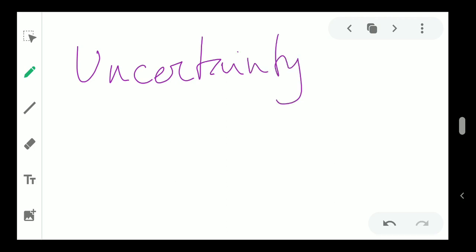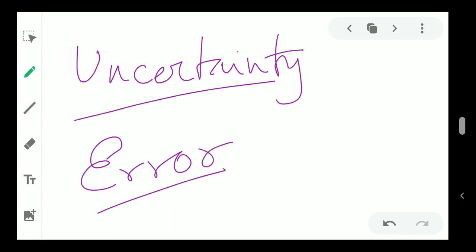Measurement of time you can see, and it's quite easy. The next thing is uncertainty and errors. This I will explain in the next class, and I will also provide one very nice manual or tutorial kind of notes.